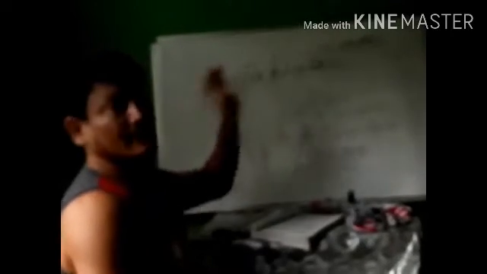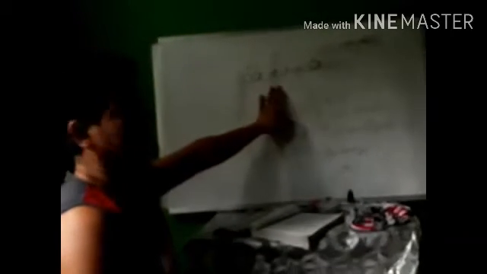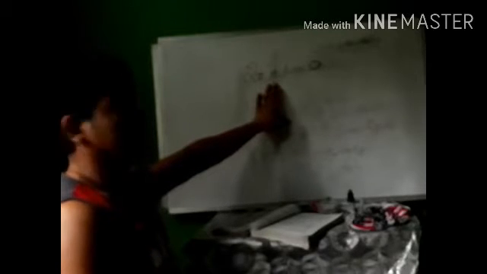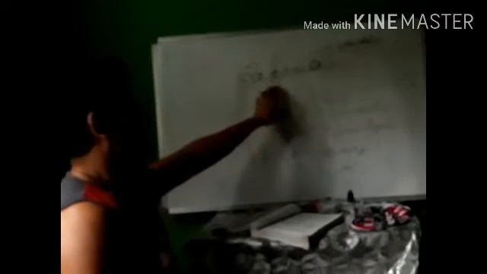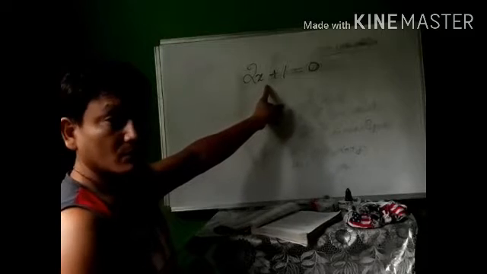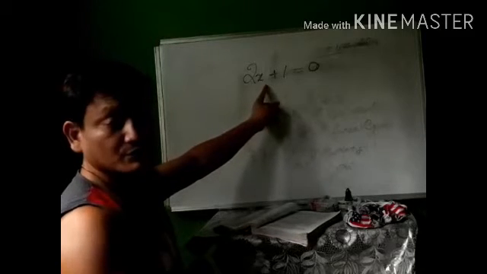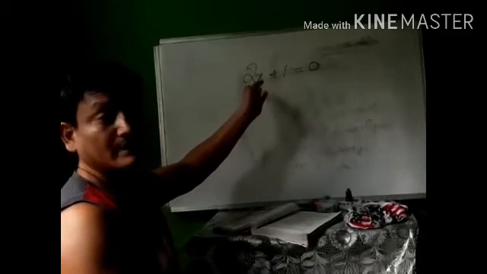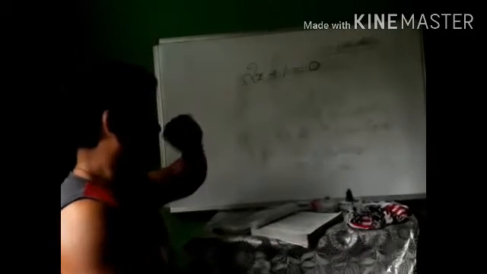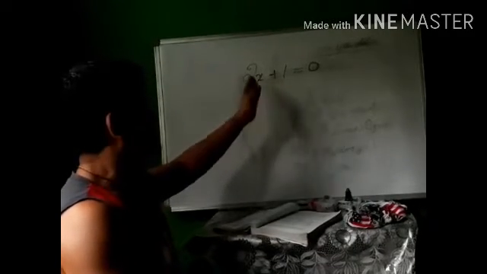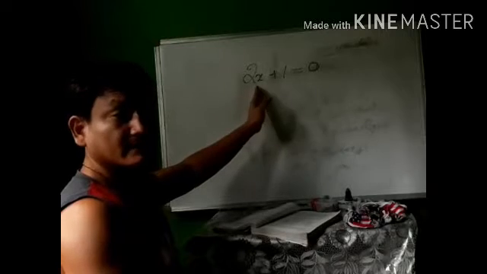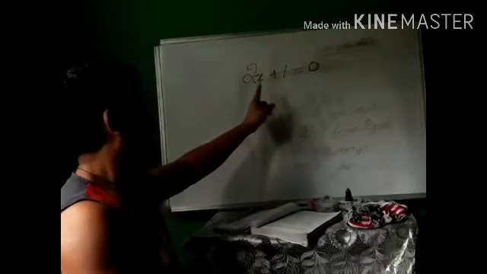So sometimes, like if you see here, you have 2x plus 1, and here x is a variable. So all you have to do is to solve the equation.